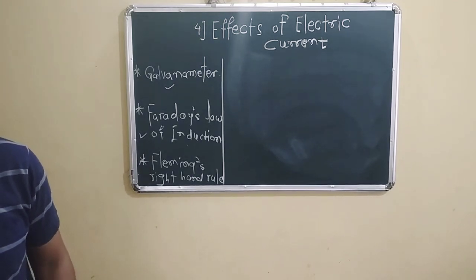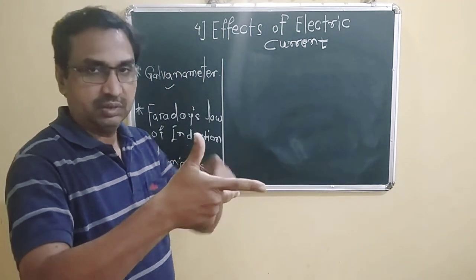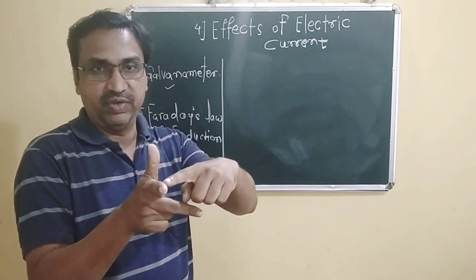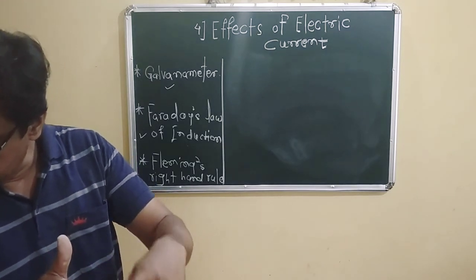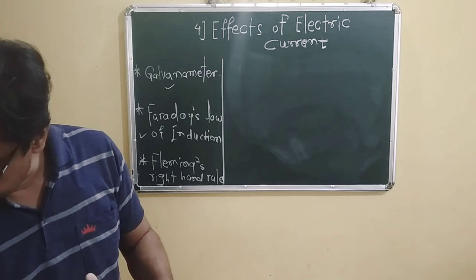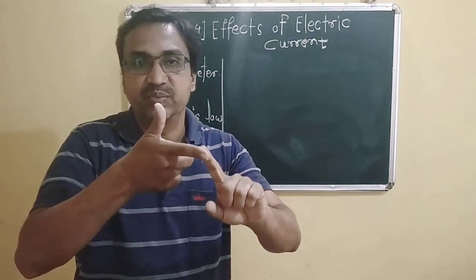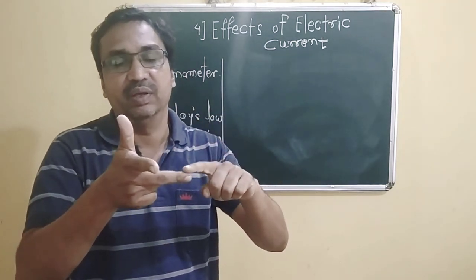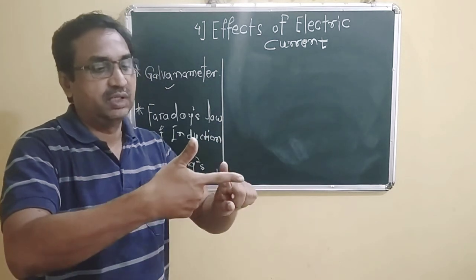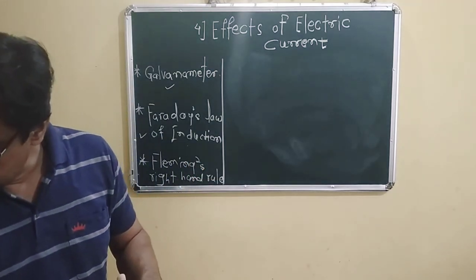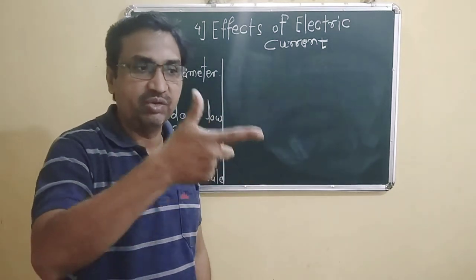In Fleming's right hand rule, we have to stretch the thumb, forefinger, that means index finger, and middle finger. We have to stretch the right hand, and these three, thumb, index finger, and middle finger, are mutually perpendicular to each other.